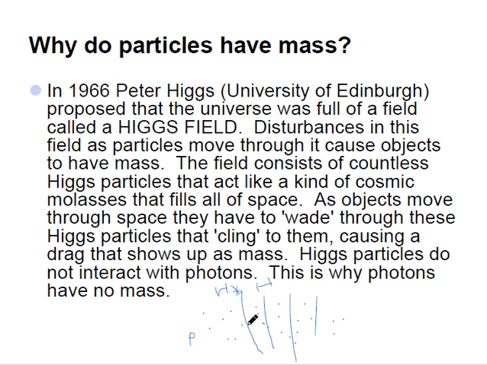So when P collides with H, they weigh, meaning the Higgs particle clings to that particle. Let's say, I'm going to make it bigger, you have a P particle coming closer to the H particle in that field, represented by the line. That H particle is going to pull this particle, and this guy is weighed. Weighed means it resists that particle.